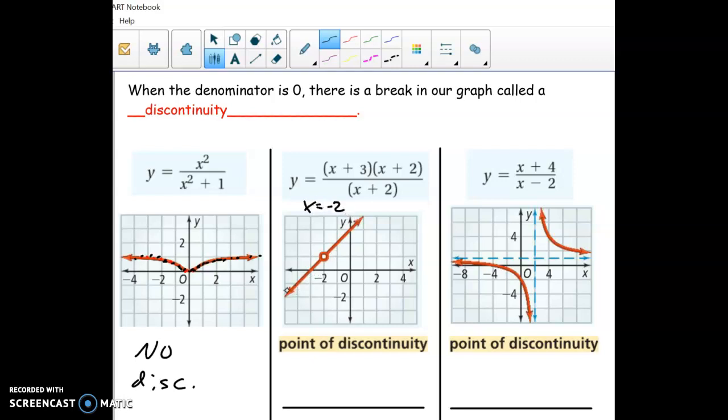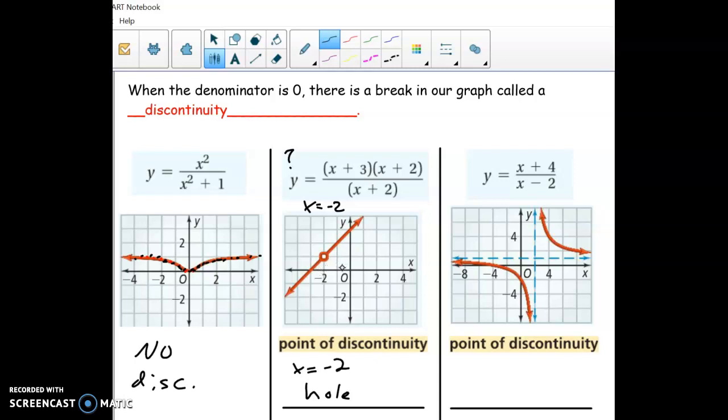You can see this is what the graph will be if you literally type this into Desmos. But we draw a hole here at -2 because when x is -2, y is undefined, right? Because x equals -2 makes us divide by 0 and it blows up. So the point of discontinuity is x equals -2, but there are two types of discontinuities. The first example you see here is called a hole. It's literally just like a donut or a hole in the graph.